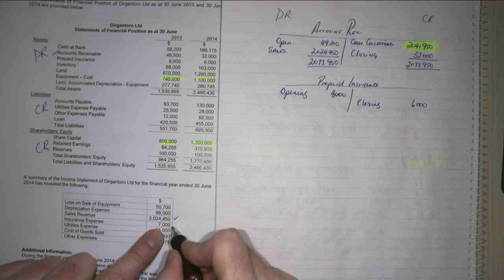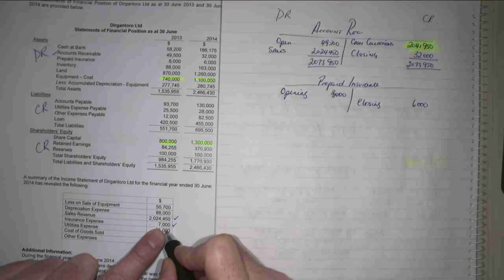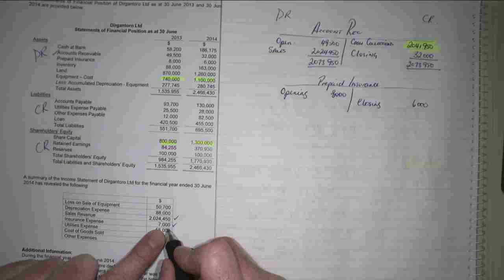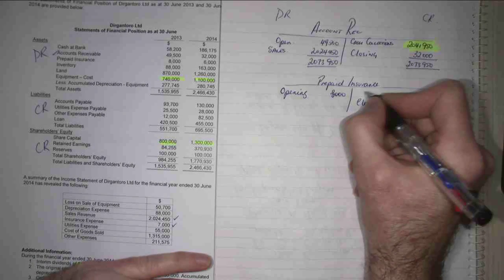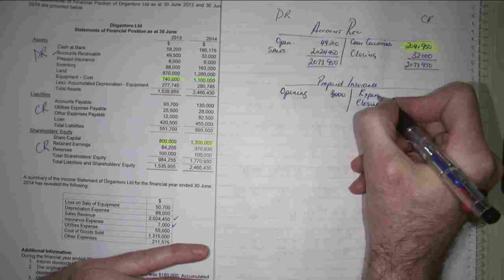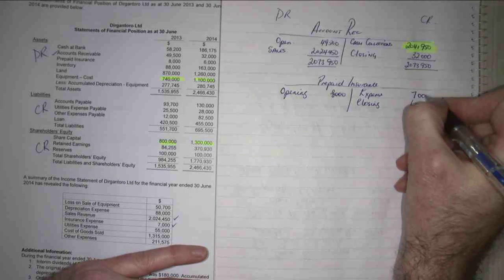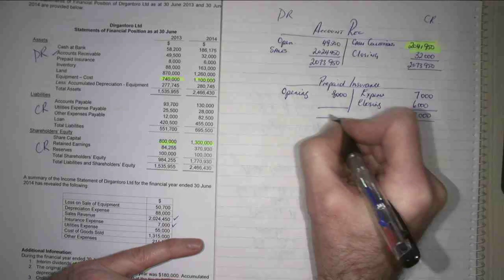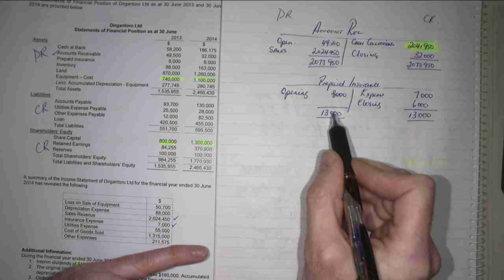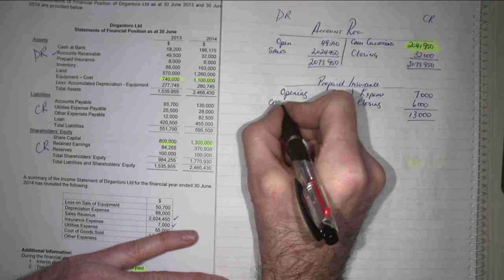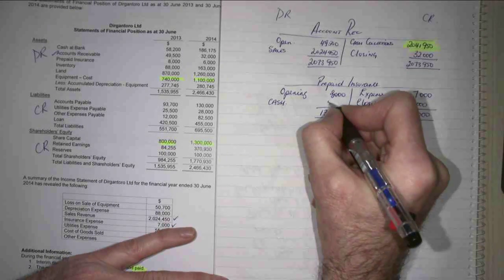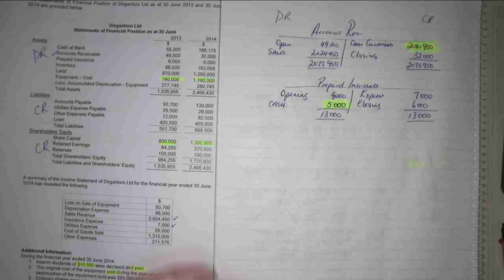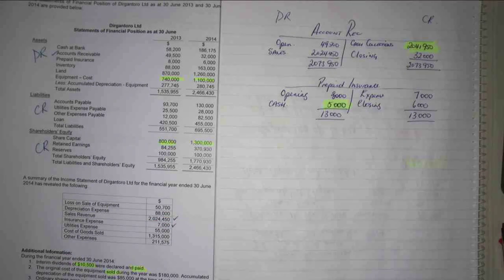And we've got down here the insurance expense, which is going to be on this side, 7,000. That gives me 13,000 on this side. And the difference between here and here must be my cash for insurance of 5,000. I'm going to highlight that because that's going to go into my cash flow statement too.